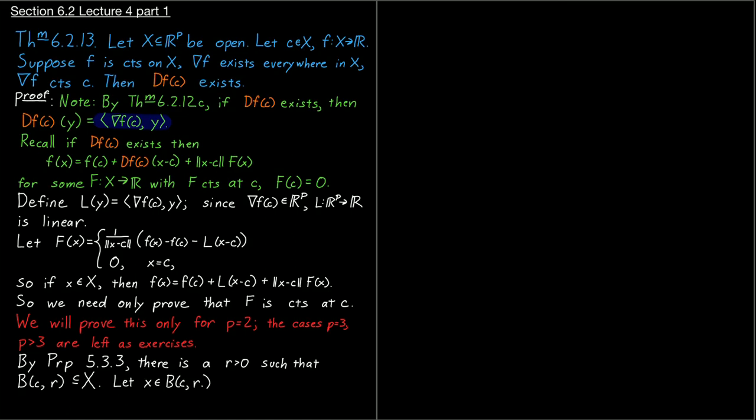And now let me go ahead and draw this. Here is our point C. Here is our radius R. And here is our ball of radius R around the point C. And then somewhere in here we've got a point X. Now notice, we know the partial derivatives.